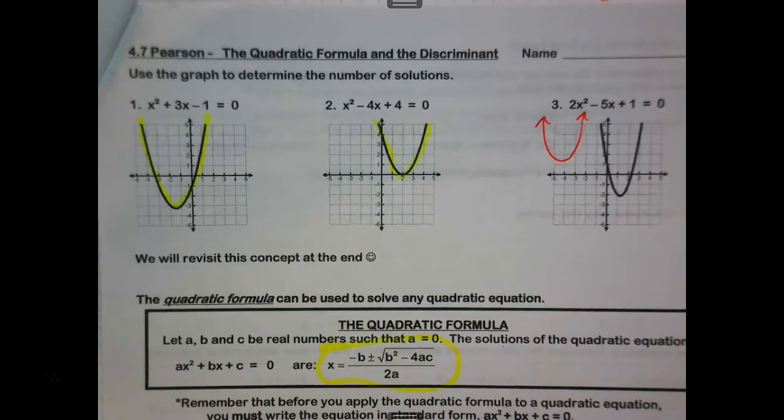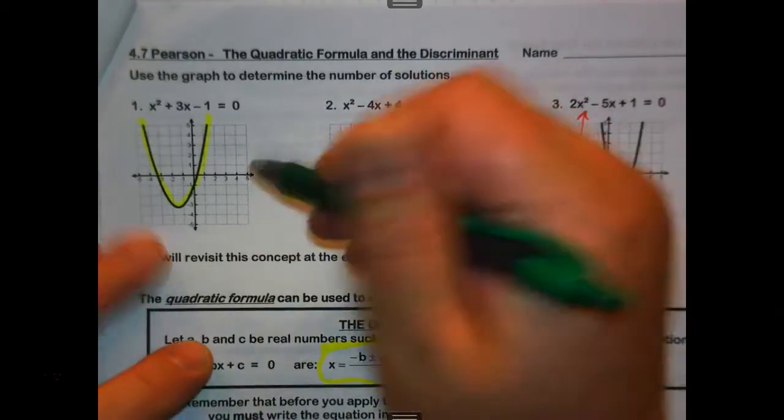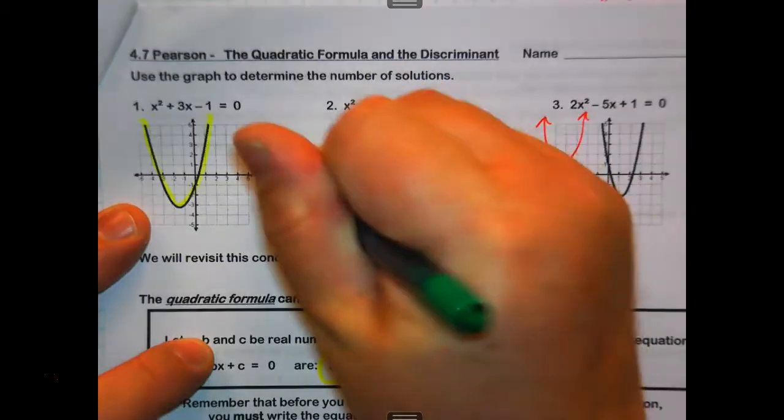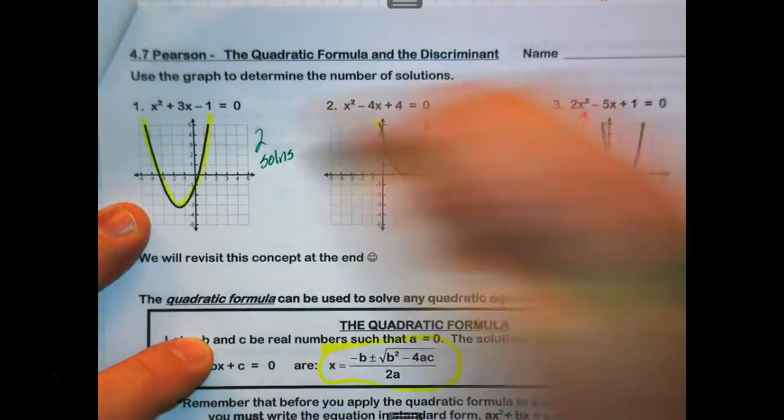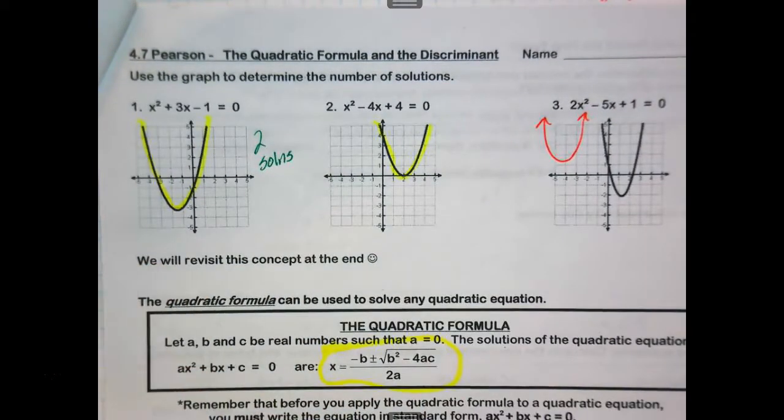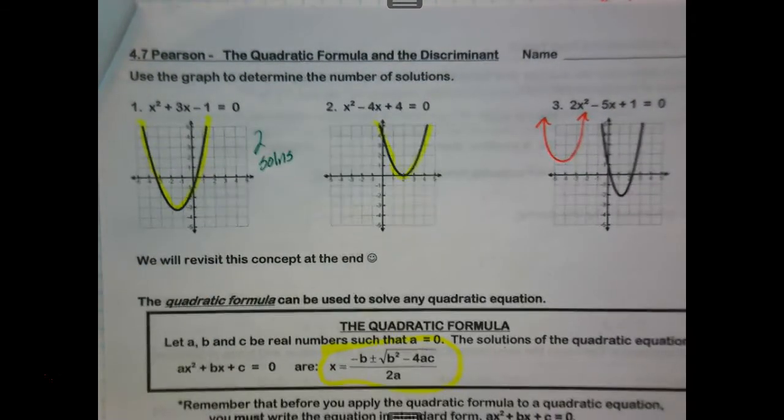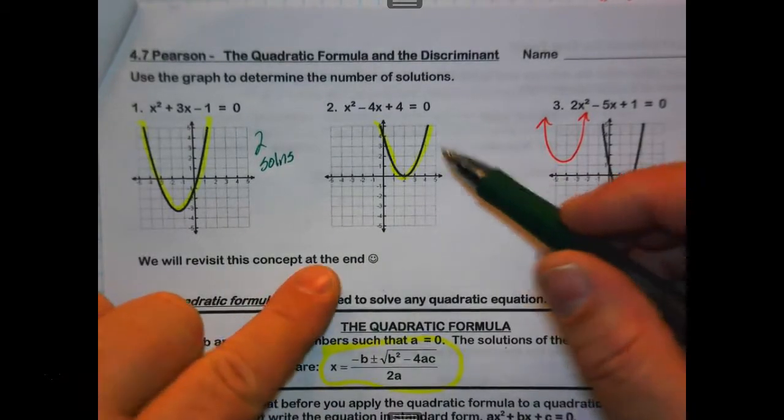Now, there's a couple of things about this, and we're going to talk about this after we do some quadratic formula problems. This is 2 solutions, or 2 zeros, or 2 roots, or whatever they call it. There's lots of names for x-intercepts.